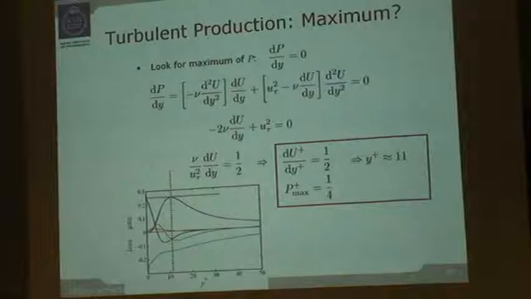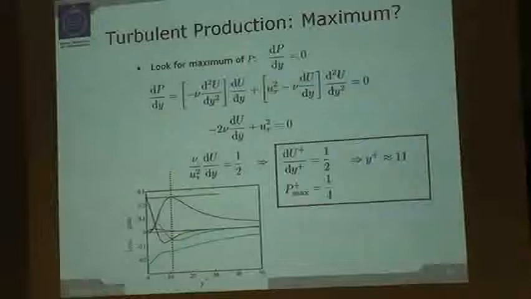And by just doing these various steps, one can see that the production maximum in viscous units will be 1/4, so 0.25, which I think is very nicely reproduced by our simulations. And also we can see that the position of this maximum will be located at y plus 5 to the power 1/2.